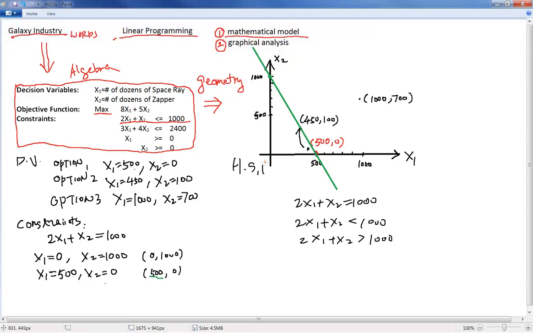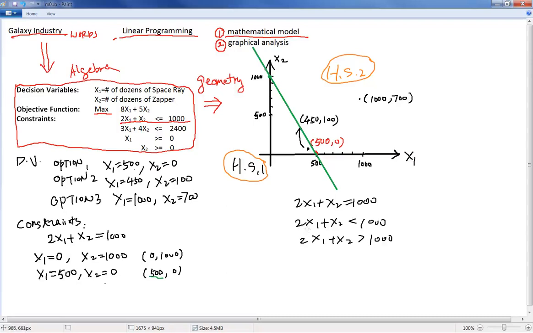Let's call this side half space 2. One of the inequalities corresponds to one of the two half spaces, and the other corresponds to the other half space. So our task now is to figure out which one is which.